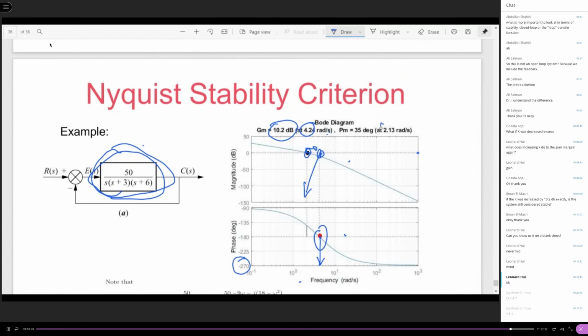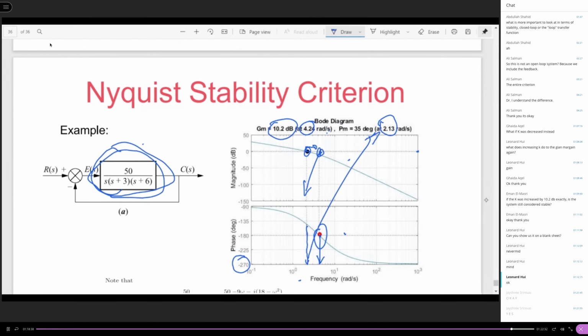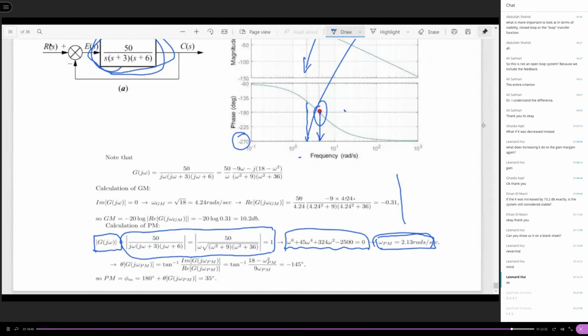You see, the phase margin crossover point is this crossover point, 2.13 rad per second. So you find this crossover frequency.